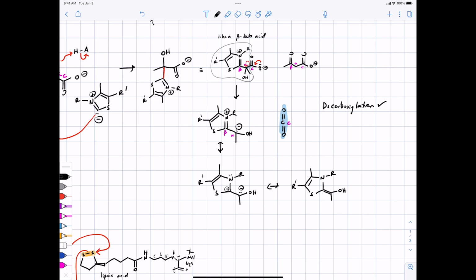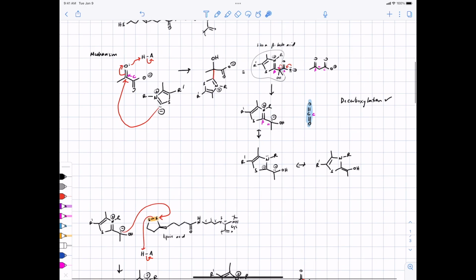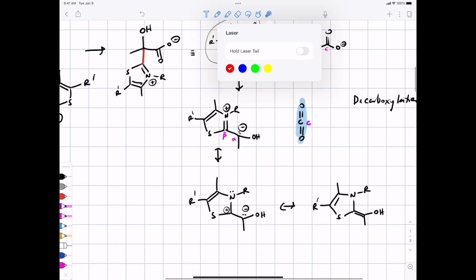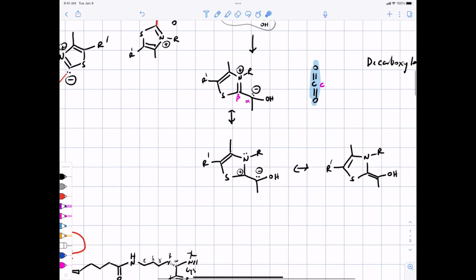And in the next step, again, we're going to see that thiamine is sort of able to stabilize this dual character. It's stabilizing this negative charge by resonance, but in the next step, we're going to see that this intermediate is going to be nucleophilic on the alpha carbon. That makes sense because there's a negative charge there.